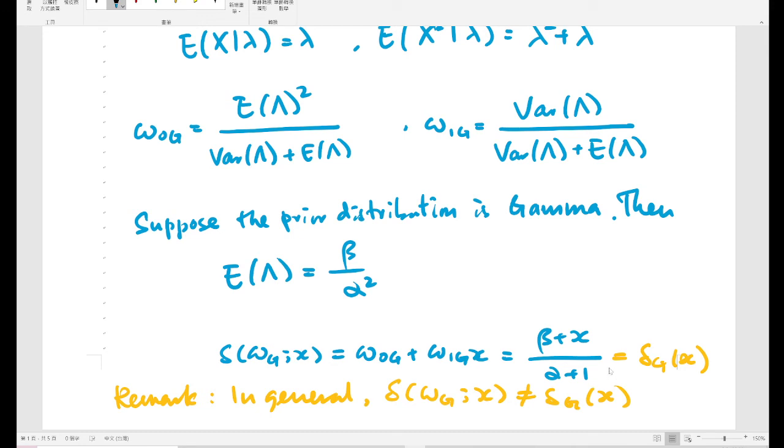It is interesting to see that in this special case, the approximate Bayes rule is exactly the Bayes rule, in orange color here. But surely don't think that this conclusion will hold in general, because in general they may not equal each other.